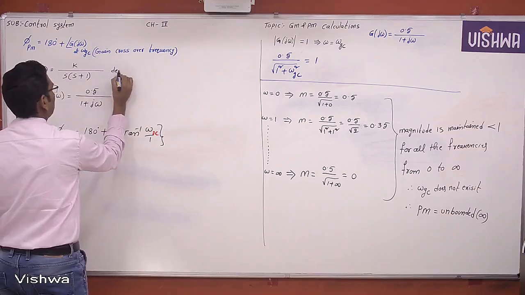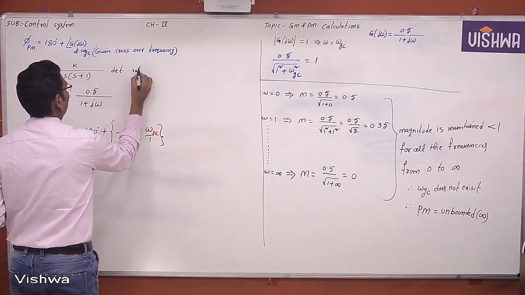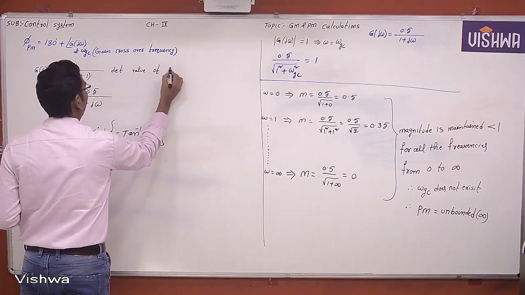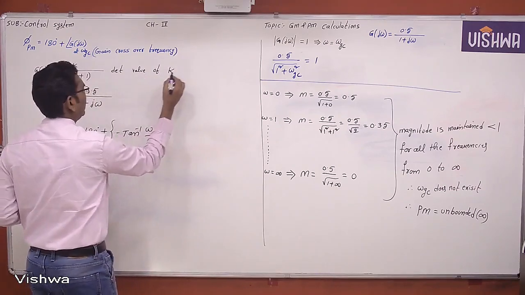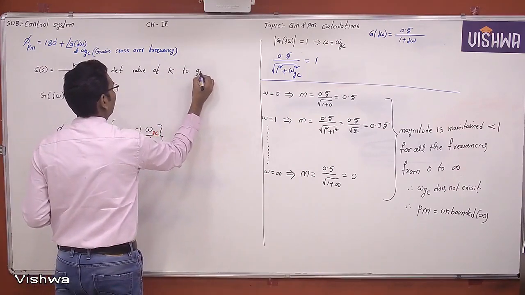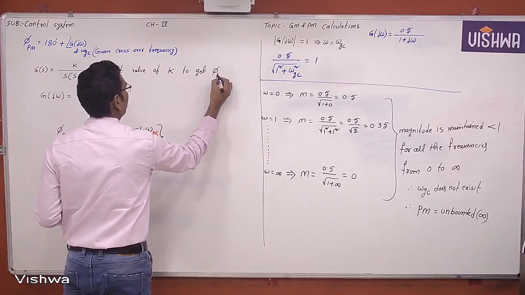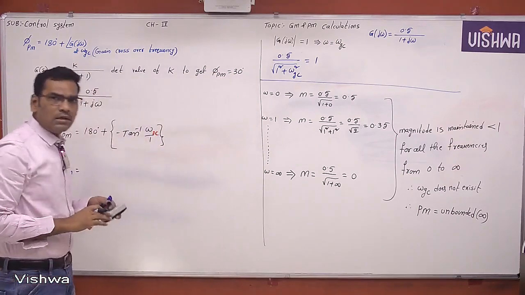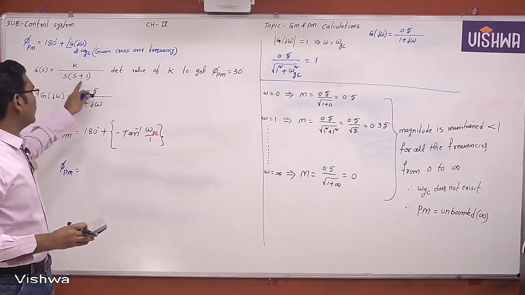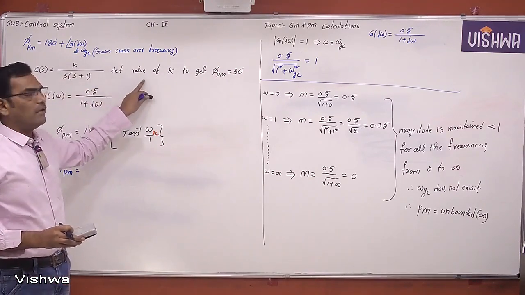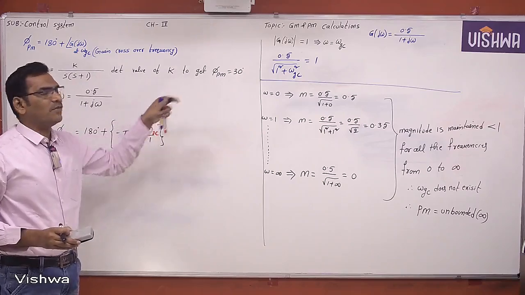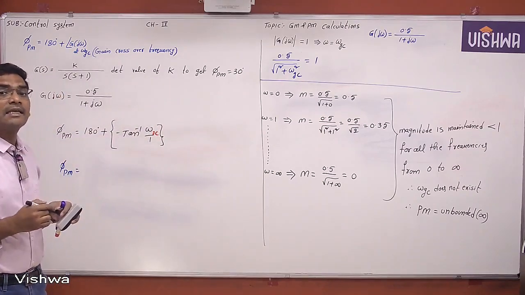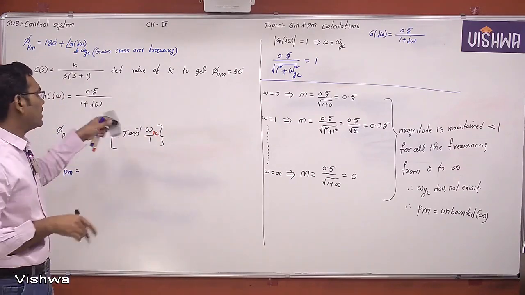The question is, determine the value of K to get phase margin 30 degrees. He is asking the value of K to get the phase margin 30 degrees.